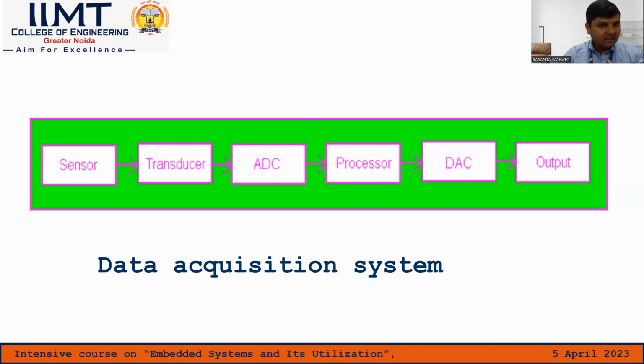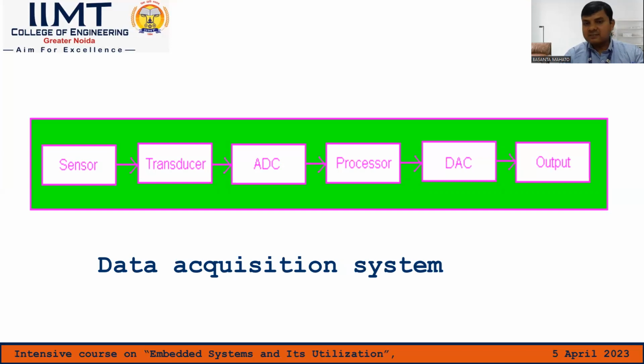The transducer data is in analog form, and it is continuous basically, but it is then converted by the analog to digital converter, because our processor takes digital signals. So the ADC converts the signal to digital, and that goes to the processor.